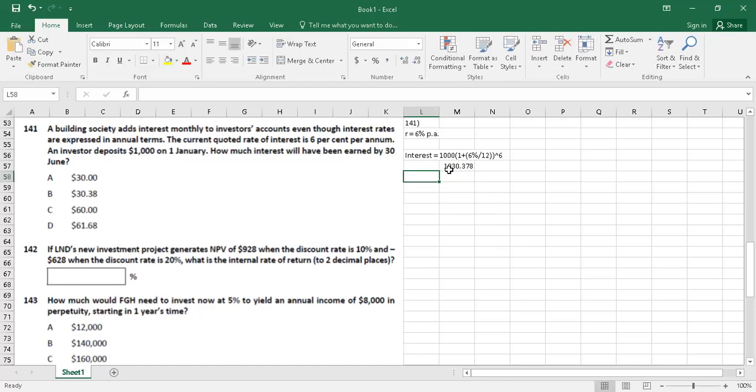So the total amount is 1,000. The interest would be on 1,000. This is calculated.